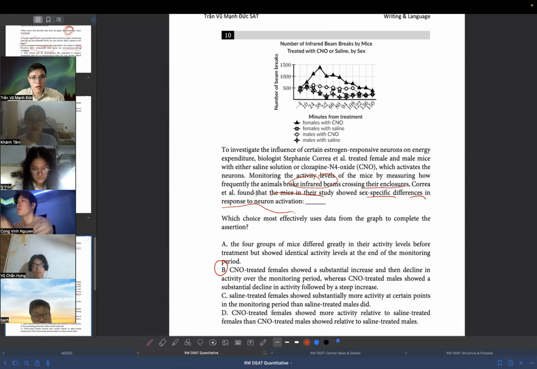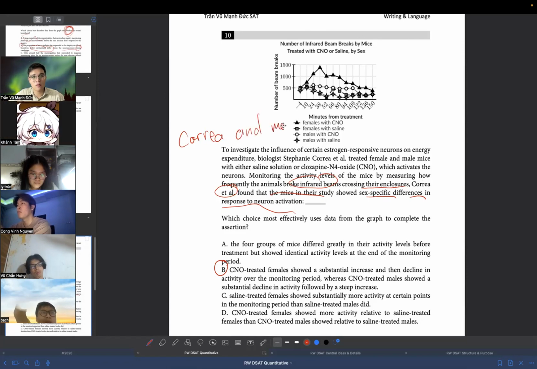Korea et al. found that the mice, et al. This is scientific notation. Et al. means and more. This is basically citing that there are more authors to this research. Found that the mice in the study showed sex-specific differences in response to neuron activation.